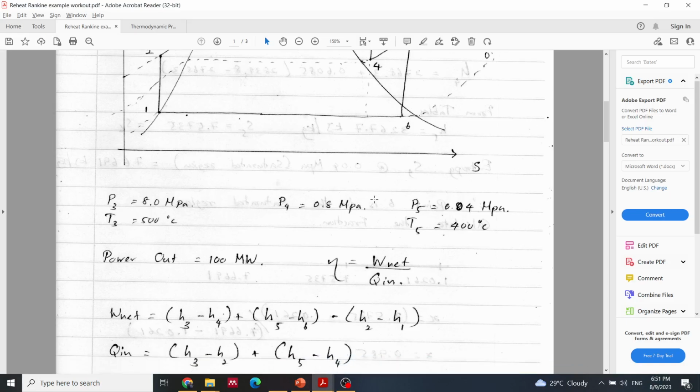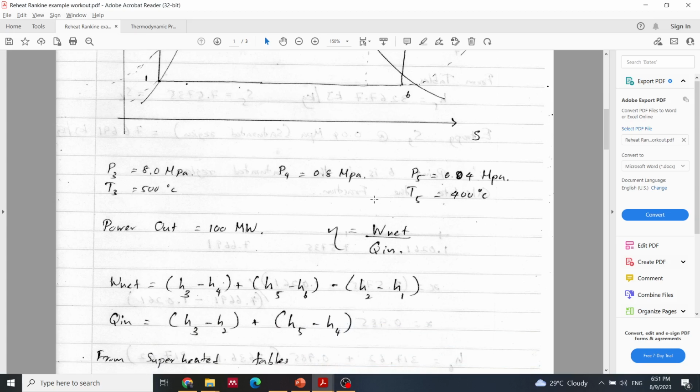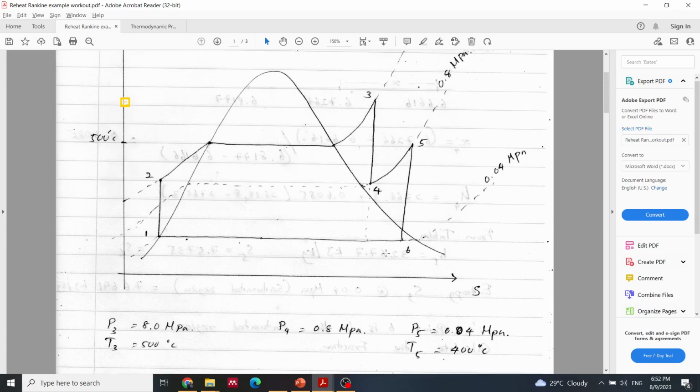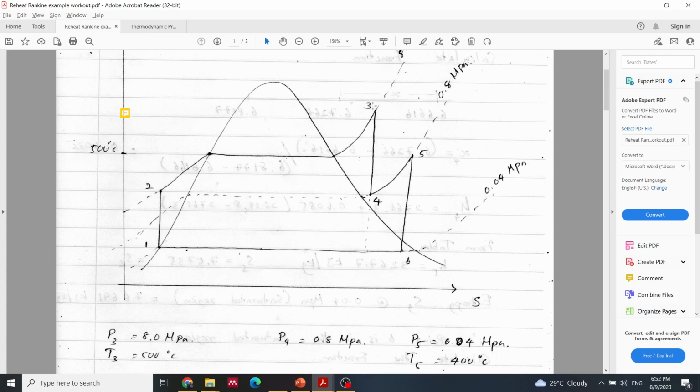Now if we formulate the equation for the efficiency, eta should be W net, the net work output, divided by Q in. So we can formulate W net and Q in like this. Let me come back here and check. We have work out from 3 to 4, and also 5 to 6.